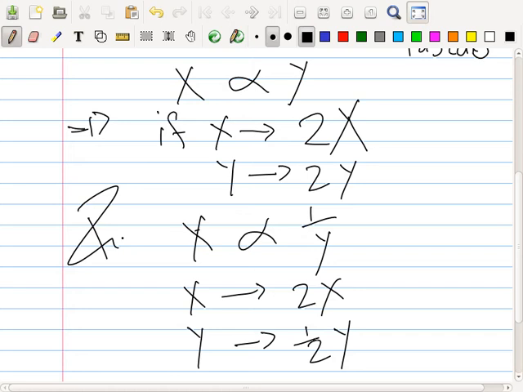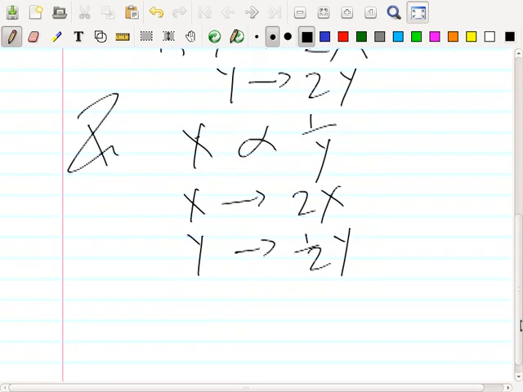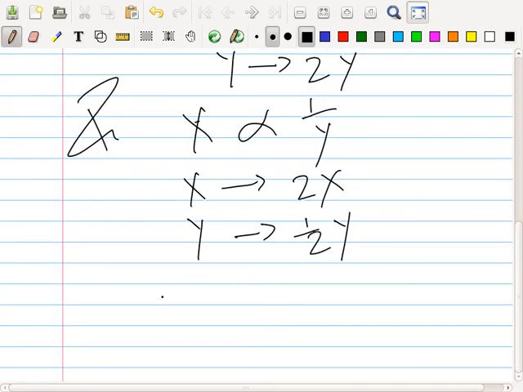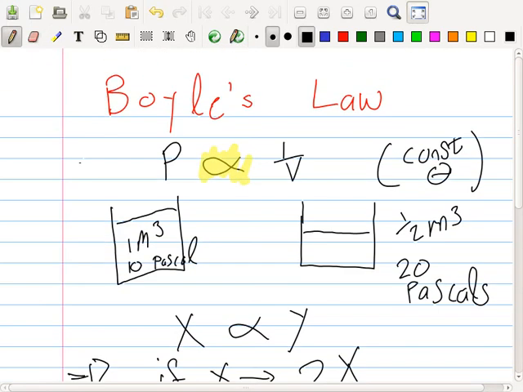Okay. Now, that's Boyle's law. Another way to state Boyle's law is PV is equal to a constant. So that's the second way to state Boyle's law. You can state it like this, or you can state it like this.